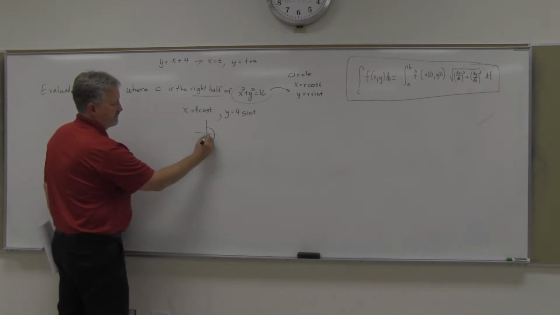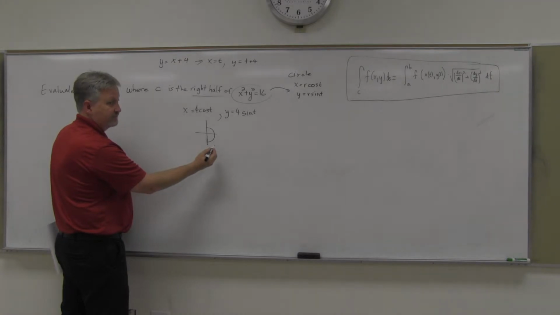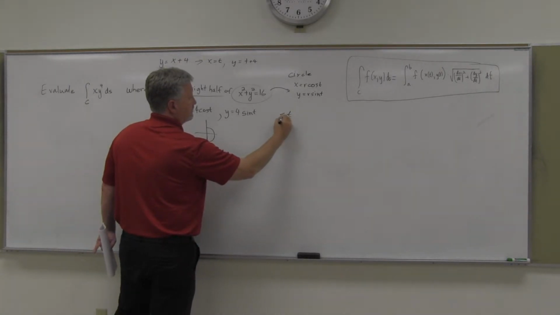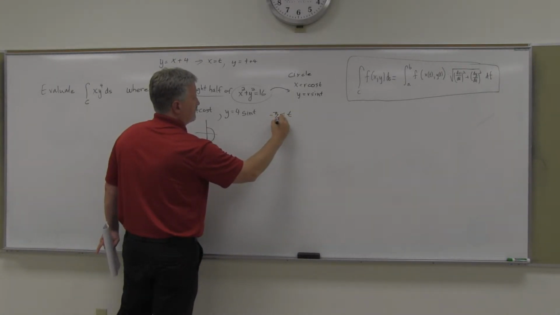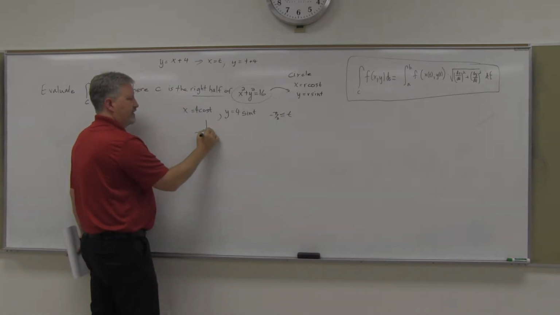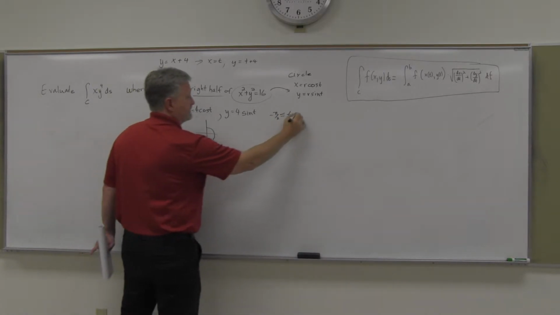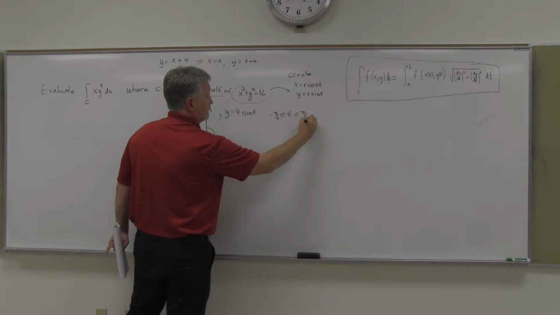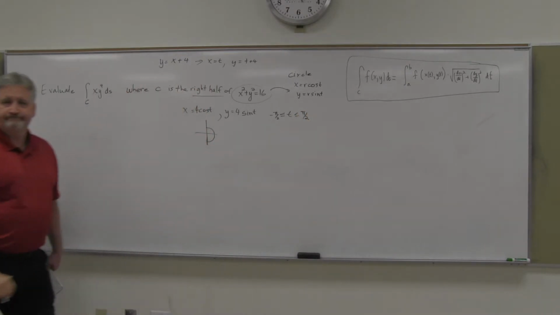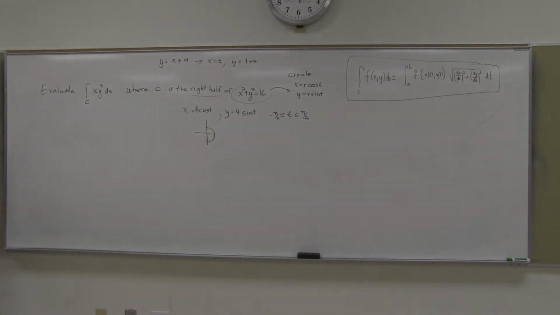Well, I would go from this t, which is negative pi over 2, all the way around to this t, which would be positive pi over 2. Okay? With me so far? Good?